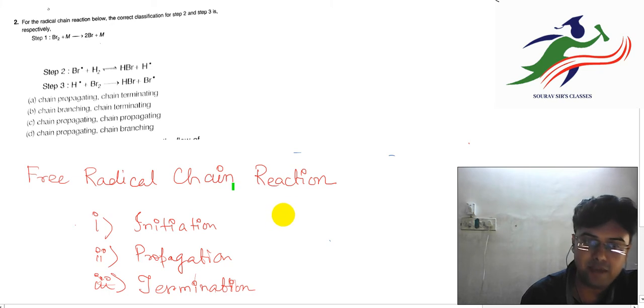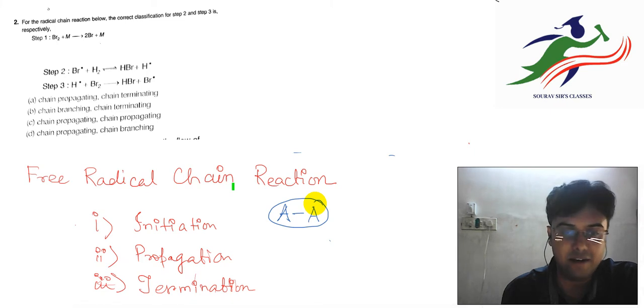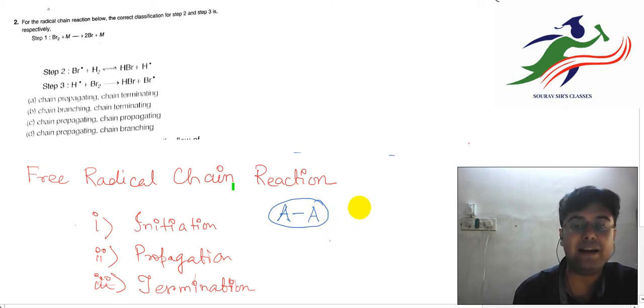Say for example, we have a molecule, mostly a non-polar molecule, which is susceptible to undergo a homolytic cleavage, right? So let us have this diatomic homonuclear molecule A2.